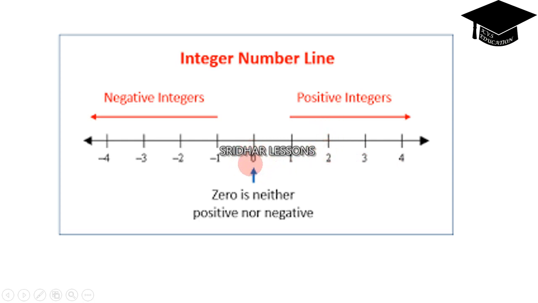And to the left side of this 0, all negative integers we have on the number line, that is -1, -2, -3, -4. 0 is neither positive nor negative. This number line represents the integer number line.